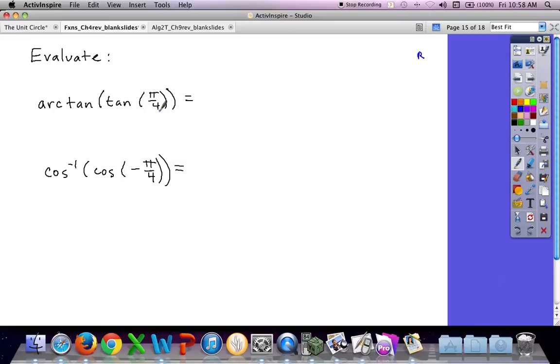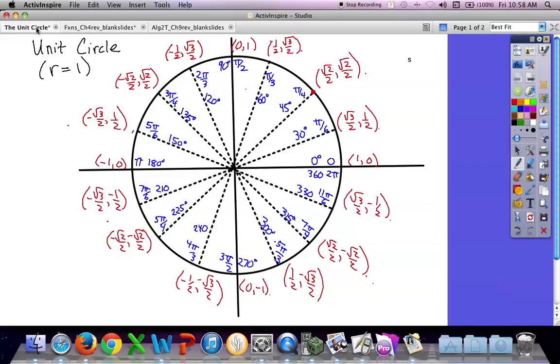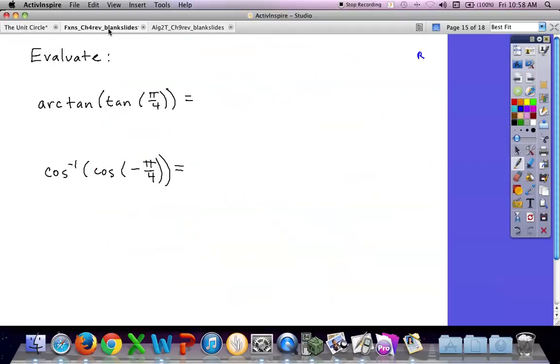We look between negative pi over 2 and pi over 2. So is pi over 4 in that part of the circle? Is pi over 4 in there? Yeah, it's right there.